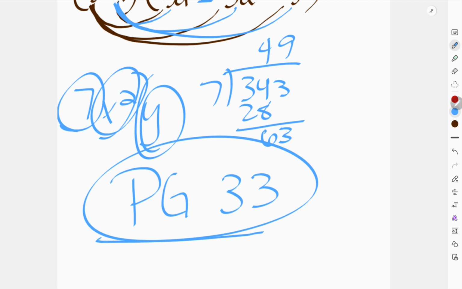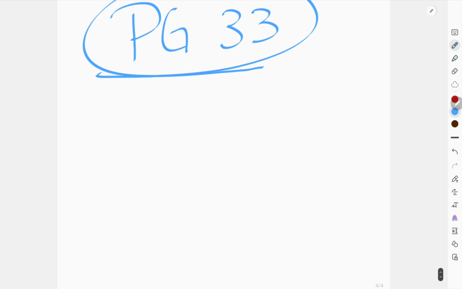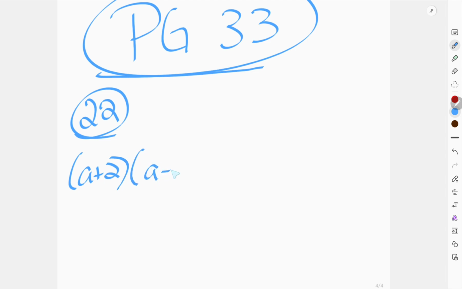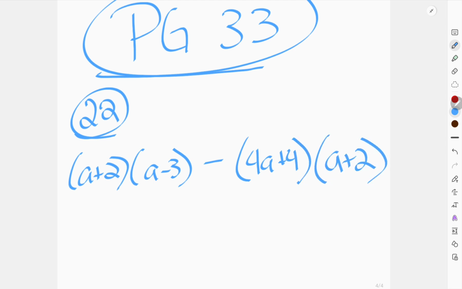Okay, so what is common in 22? Between the first set, you have a plus 2, a minus 3, and then minus 4a plus 4, a plus 2. Okay, so what's common between this one and this one? The a plus 2 is common between both of them, so I can factor that out.